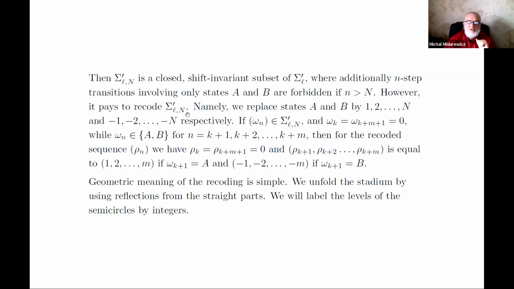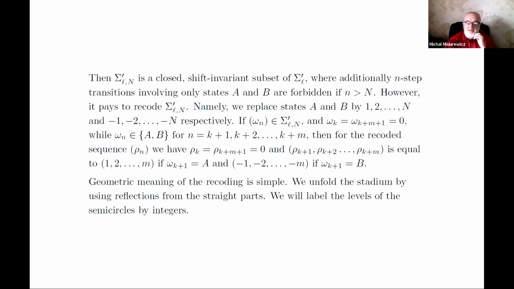Okay, and now we recode it. So again, some recoding. So we replace states A and B by numbers. So the upper one from 1 to n, the lower one from -1 to -n.